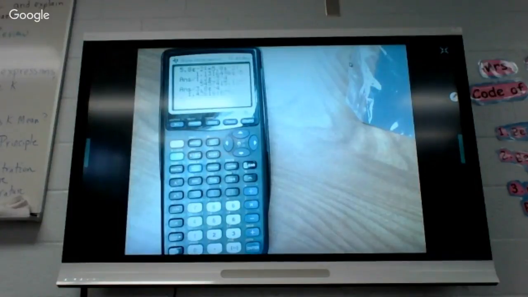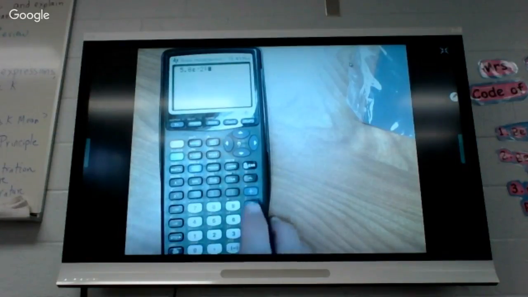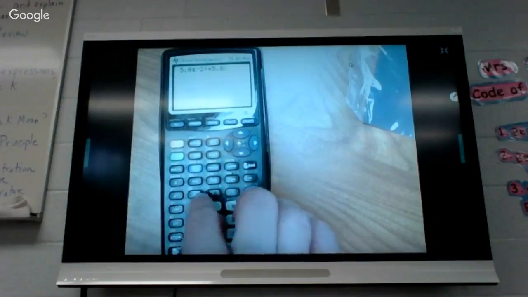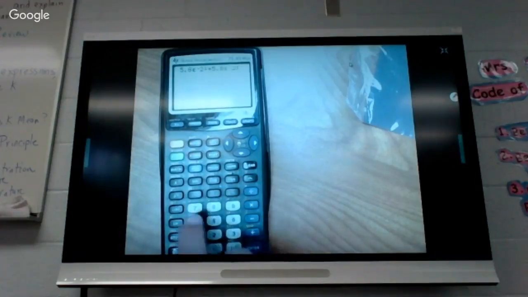All right. So I said 5.8 second EE -2. I squared that. I said times 5.8 second EE -2, and I squared that. I hit equals, and I got my numerator.